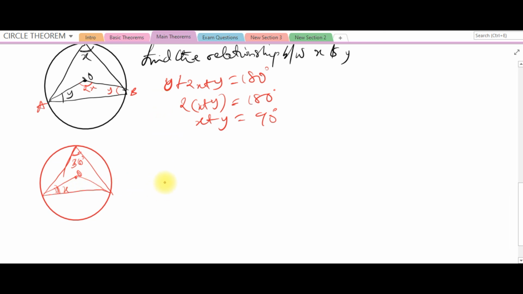Without wasting time, the answer is 60 based on what we've solved. So you don't need to waste your time. Therefore, x is 90 minus 30, which is 60.